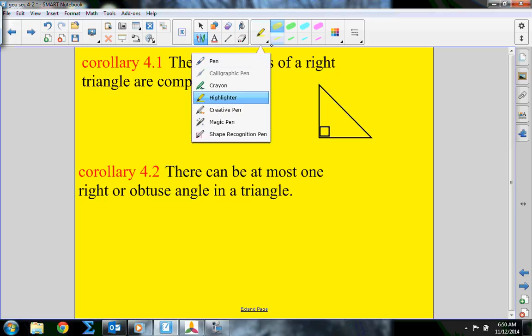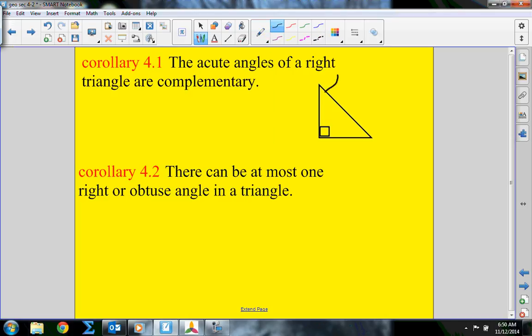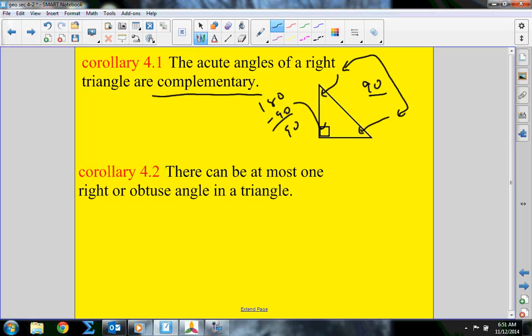It would be easy to demonstrate that adding this angle and this angle together has to add up to 90, because 180 minus this 90 from there is 90. And then if you have two angles that sum to 90, we call that complementary. And so that's how I would prove corollary 4.1. It's not as important as the angle sum theorem, but it's an easy add-on to it.